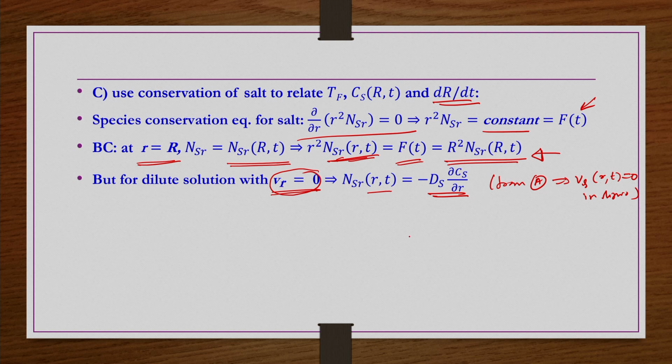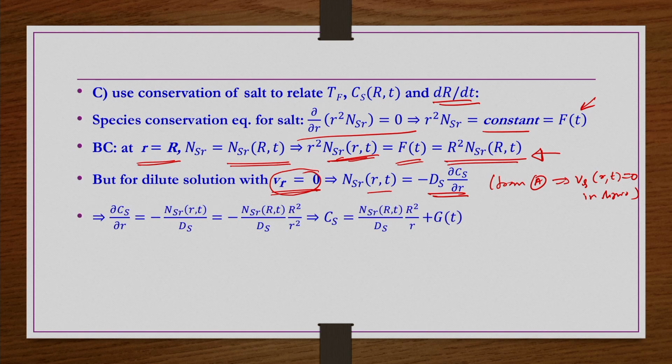This is again still not complete, because what Cs is as a function of r, that also we do not know. So, for that reason we have to go for the interfacial balance equations anyway, that we will do. So, from this equation dou C by dou r we can write minus NSR as a function of r comma t divided by Ds.